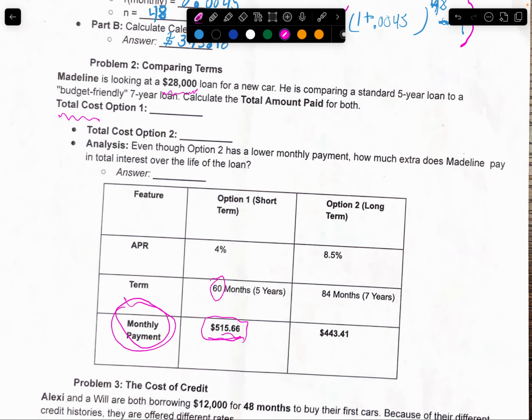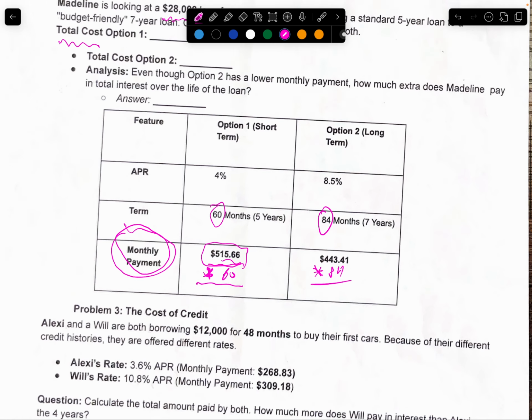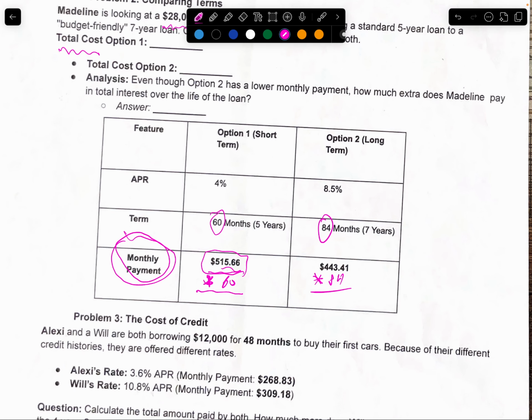How much are we paying? What operation do you do? Yes, you times this by 60 and get an answer. And this one here you would times by 84 and get an answer. And then you're probably going to be comparing your answers, like subtracting them, to figure out how much extra Madeline's paying for one of these options than the other one.